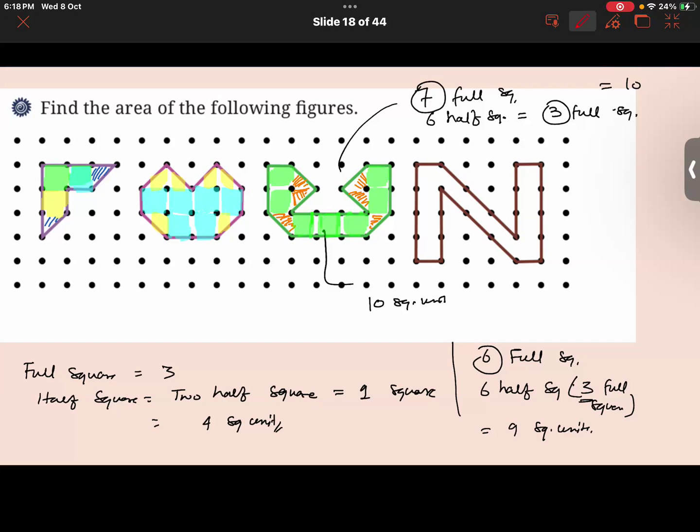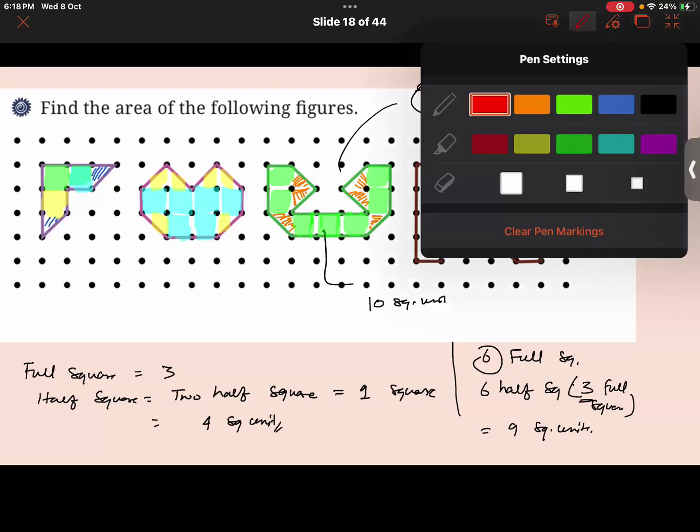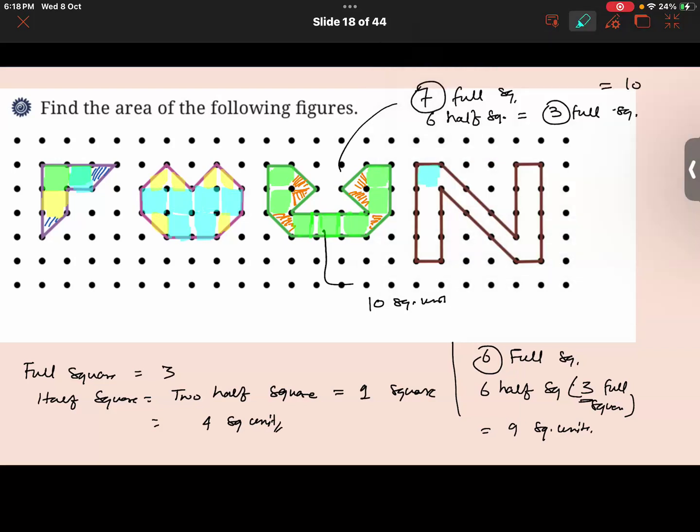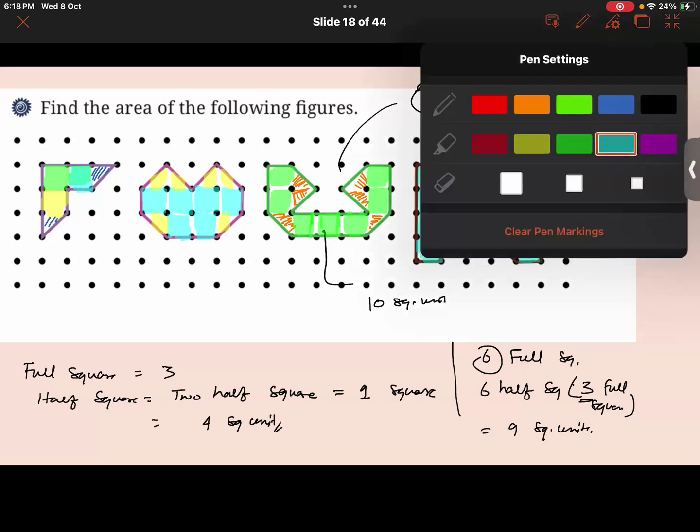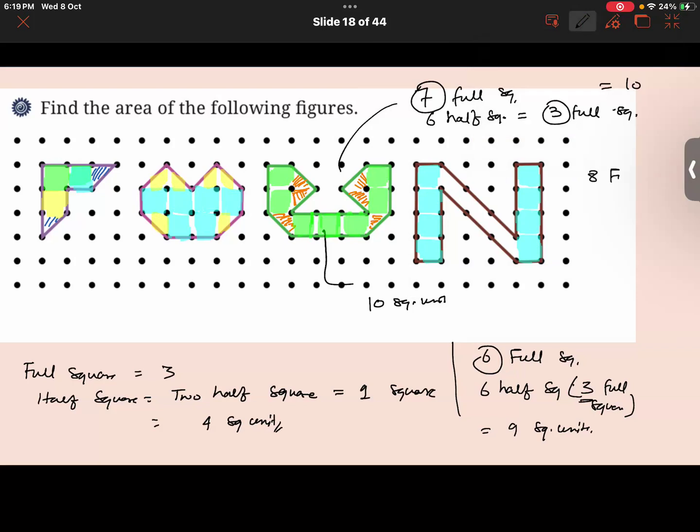7 full squares. 7 full squares only. Are you sure? 1, 2, 3, 4, 5, 6, 7, 8. 8, no? Let's do it. 1, 2, 3, 4, 5, 6, 7, 8. 8 full squares.